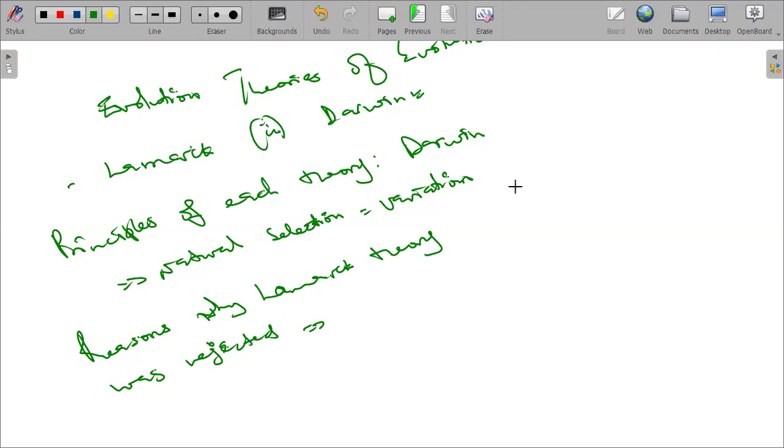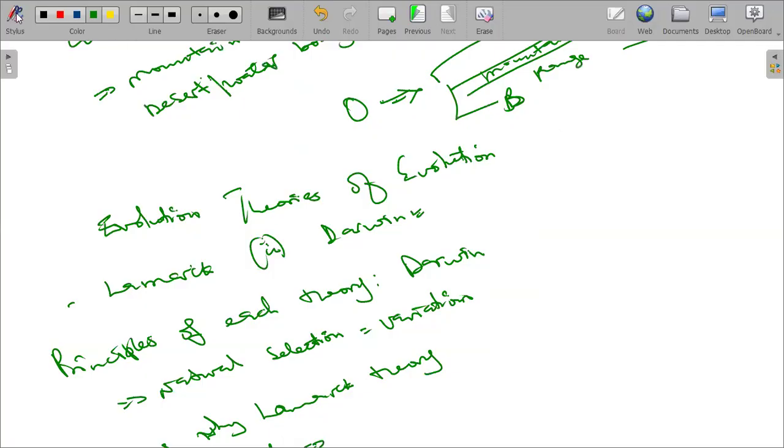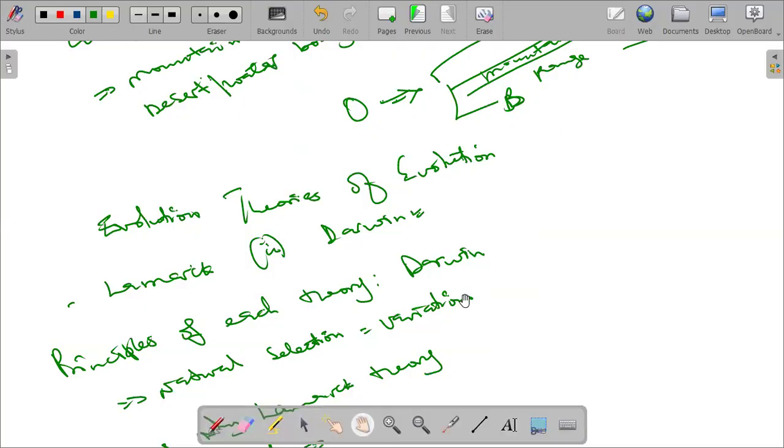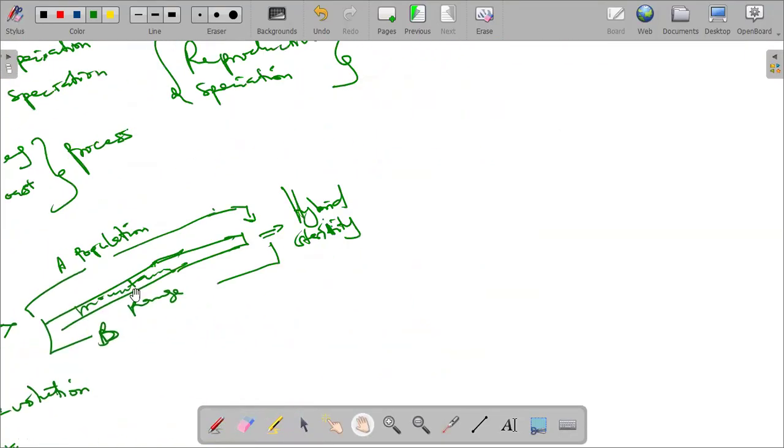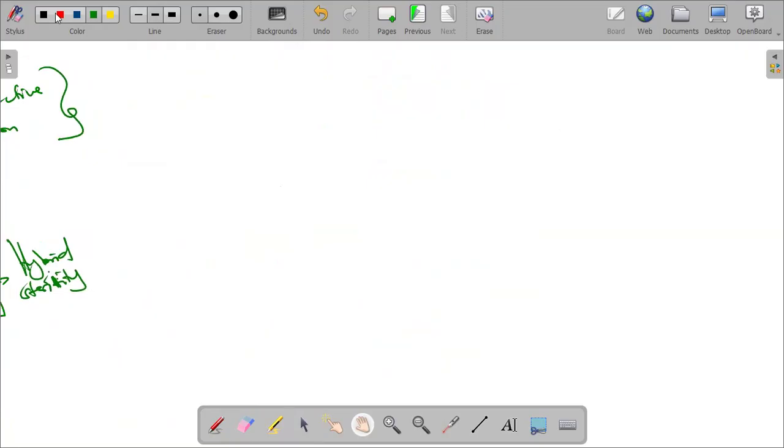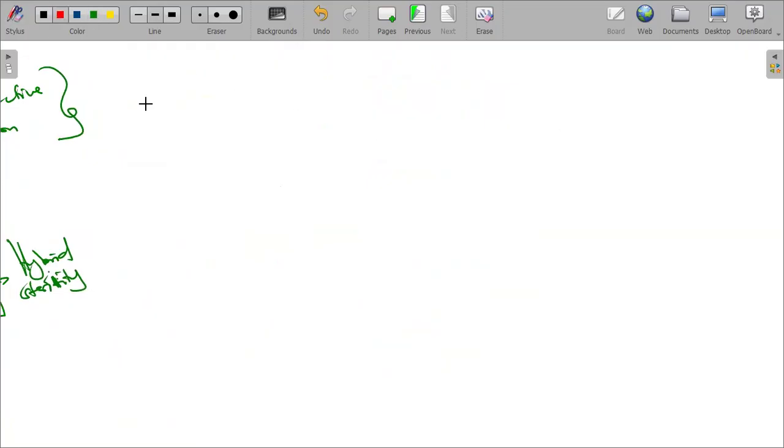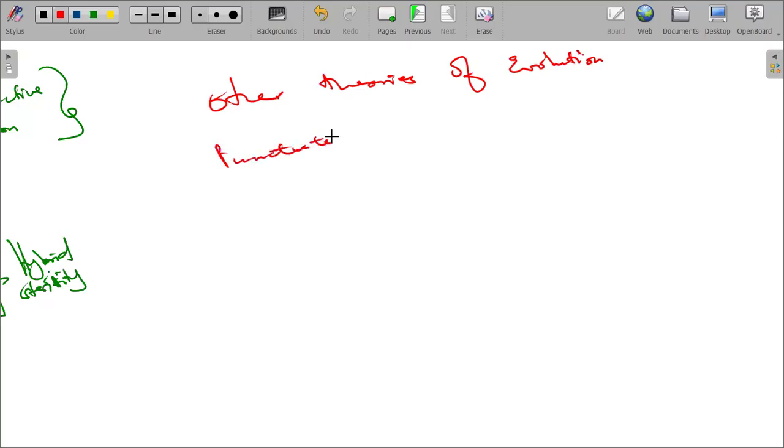What is next? Still on the theories of evolution, I want you again not to forget that you should take note of other theories of evolution, which we're talking about: punctuated equilibrium, and also gradualism.